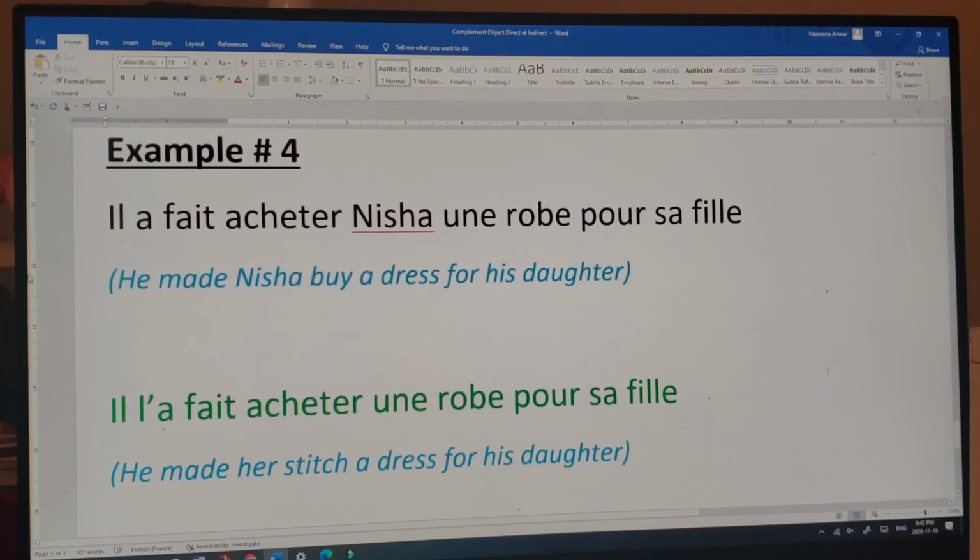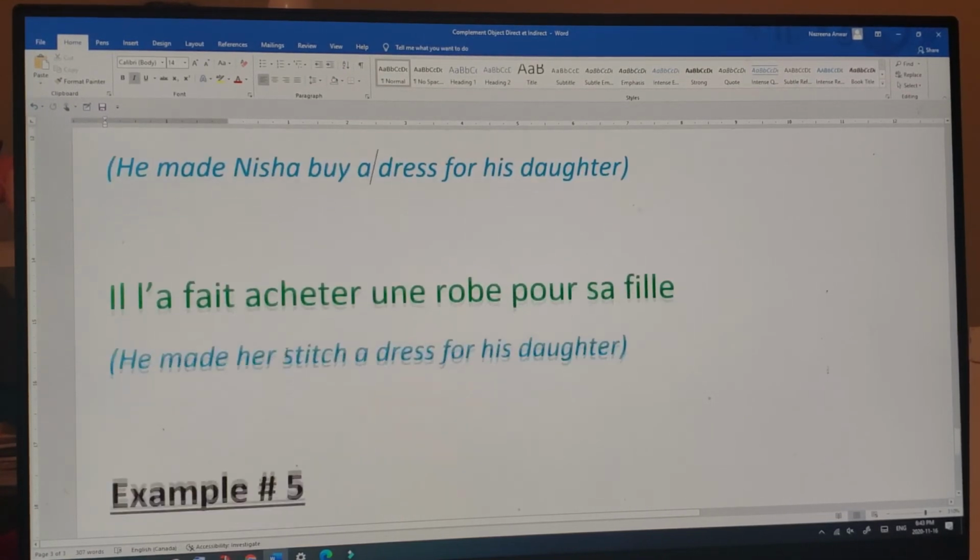Example 4. Il a fait acheter Nisha une robe pour sa fille. He made Nisha buy a dress for his daughter. Il a fait acheter qui une robe pour sa fille? Who did he make buy a dress for his daughter? Nisha. Il a fait acheter qui? We ask the question qui, right? So qui is what? Direct object. So Nisha is a direct object.